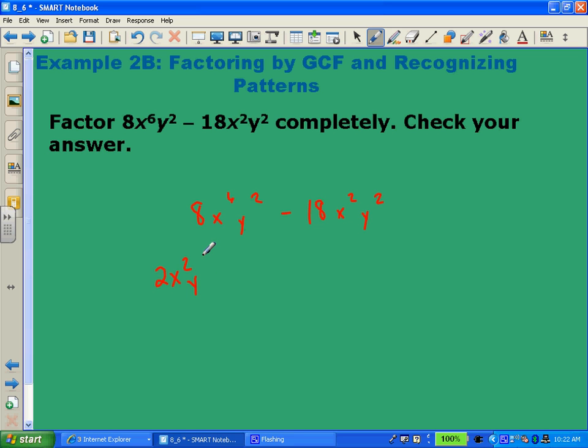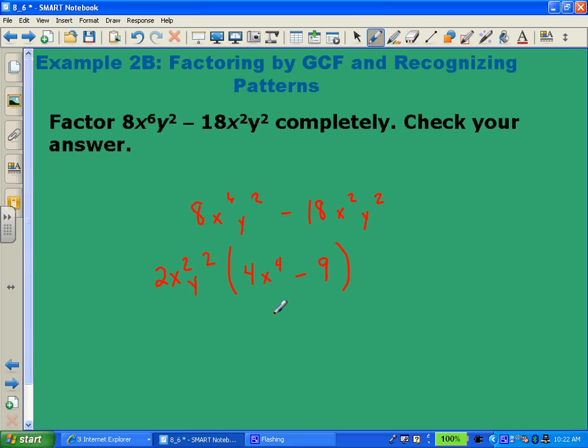I also have y squared. And again, just like before, if I didn't know that, I could list out my factors and find the prime factorization of each, and then find their GCF. So if I factor out 2x squared y squared, that's going to leave me with 4x to the 4th minus 9, and that's it, just 9.